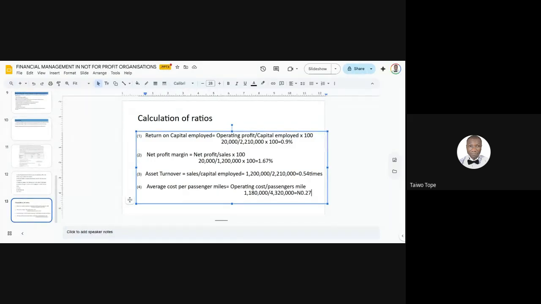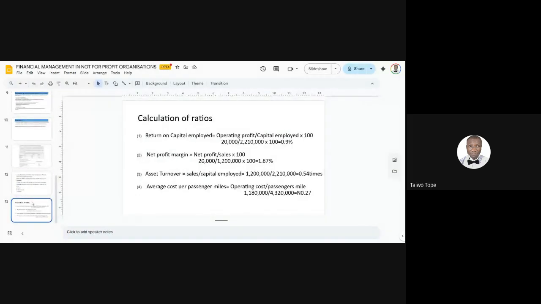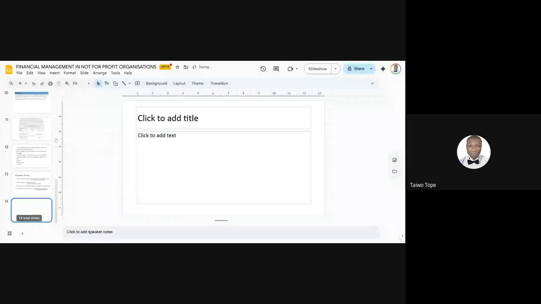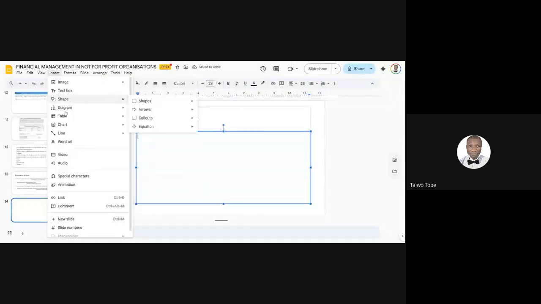So now, the next thing is for us to compare. Let's see the requirements. Using the information provided above, compare the performance of IBC to the industry average for private sector companies. Having determined this, you can do a simple comparison, just like a table.